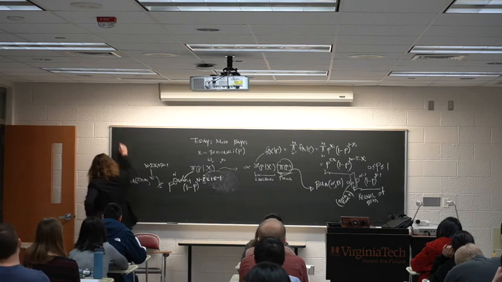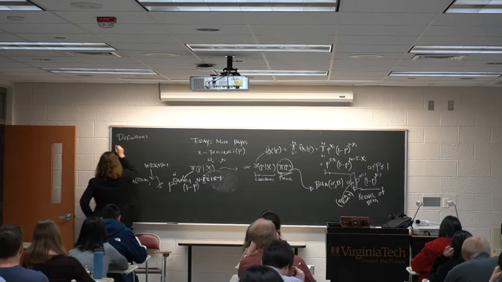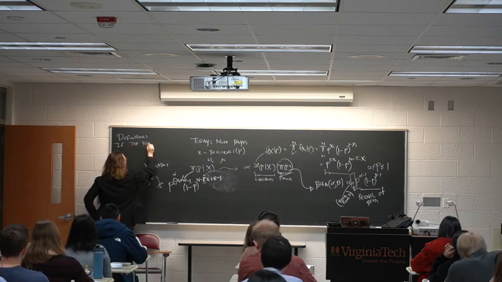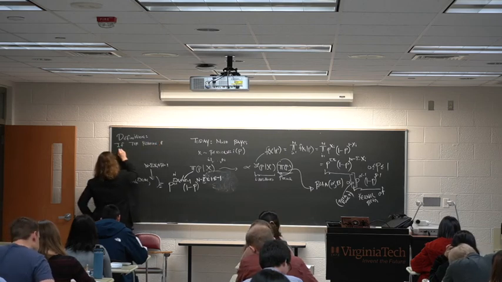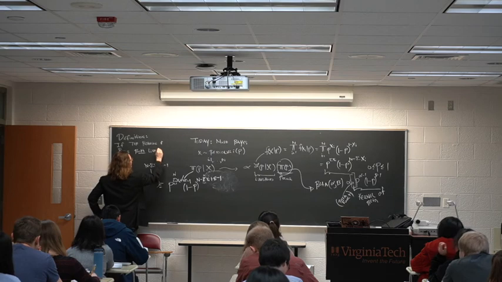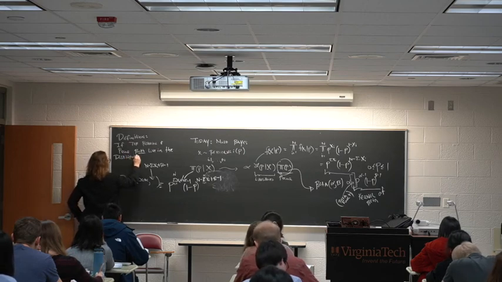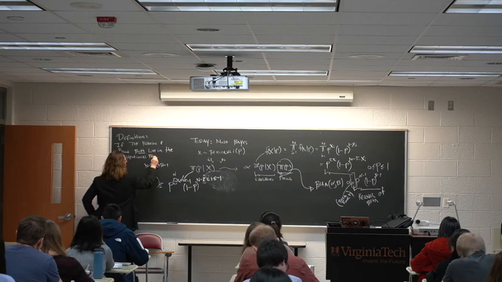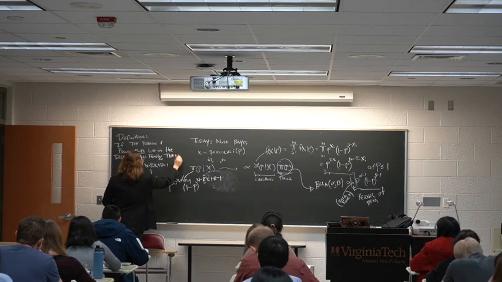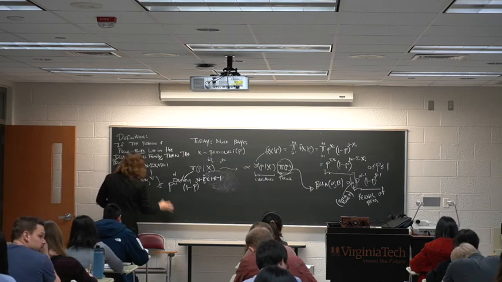There's a definition. If the posterior and prior both live in the same distribution family, I'll allude to what this means in a second, then the prior is said to be conjugate.